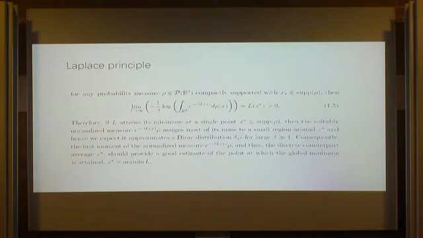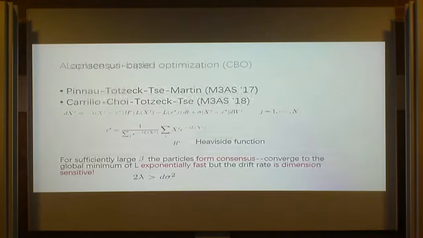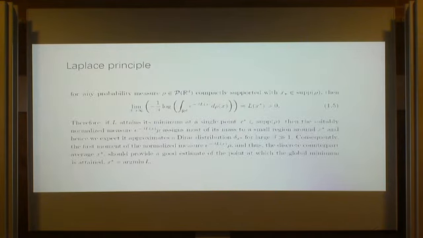Another point I want to emphasize is the choice of this weighted average. The reason that it forms consensus is very easy to see. But why is this consensus the global minimum? That's because of this Laplace principle, which is a basic thing from large deviation theory.